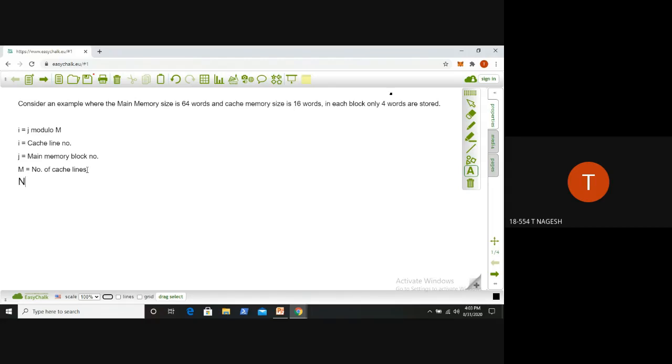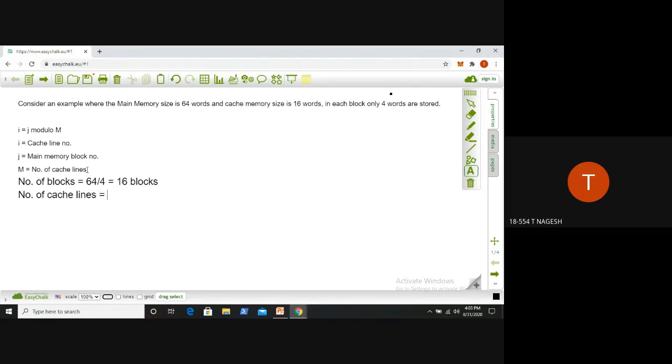To get the number of blocks, we need to divide the total main memory size by the number of words that can be stored in each block. So 64 divided by 4 will become 16. So in the main memory we'll have 16 blocks. In the same way, in the cache memory also we need to find out the number of cache lines that are possible.